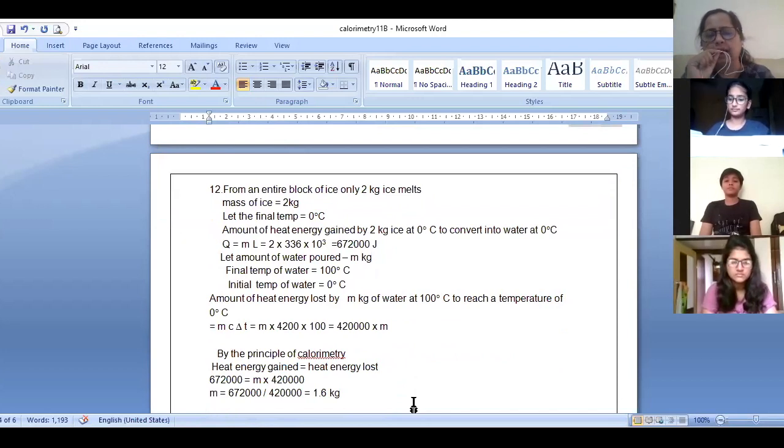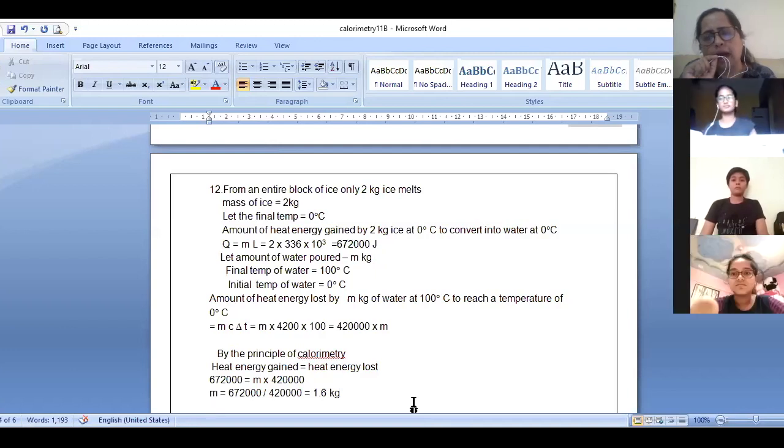Now here, when ice has converted, I have not raised the temperature of ice. I have just taken M into L because the ice temperature is going to remain at 0 degrees. There is no rise in temperature of ice. Heat energy gained is only the energy to convert from ice to water.